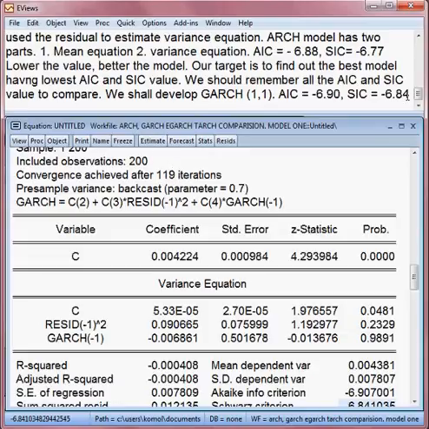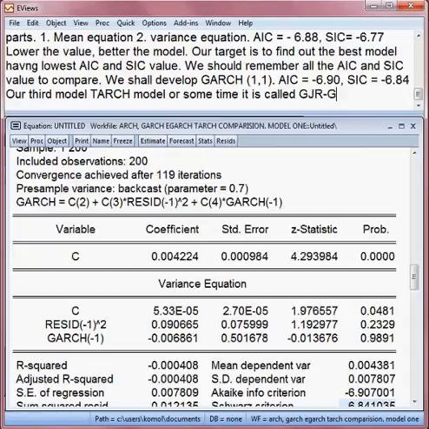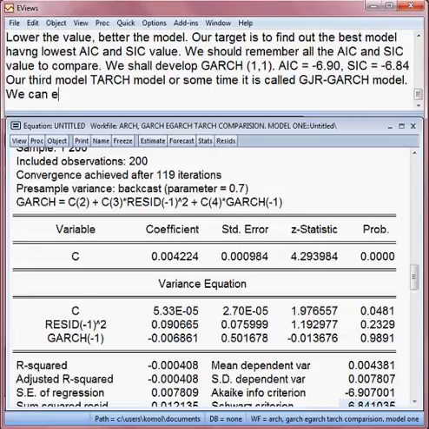Our third model is actually called the TARCH model, or sometimes it is called the GJR GARCH model, right? And here we can estimate it now.